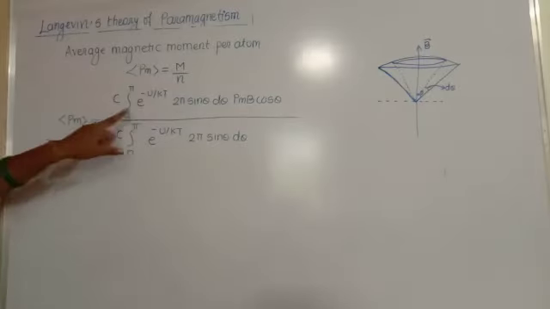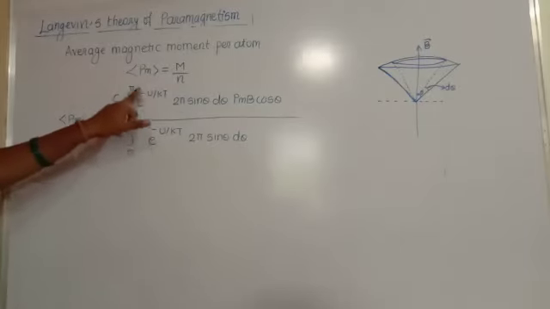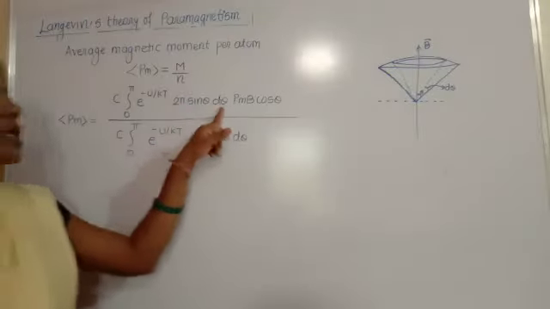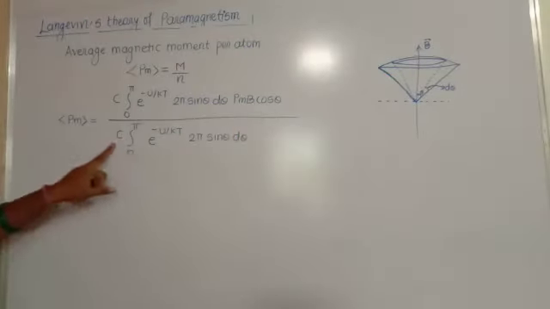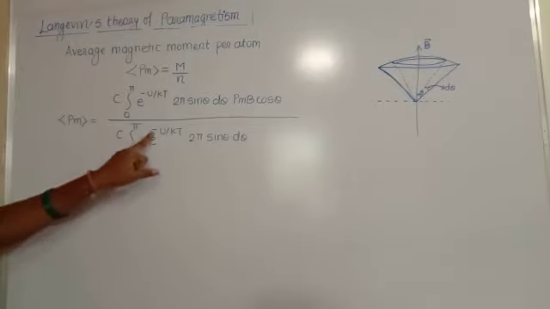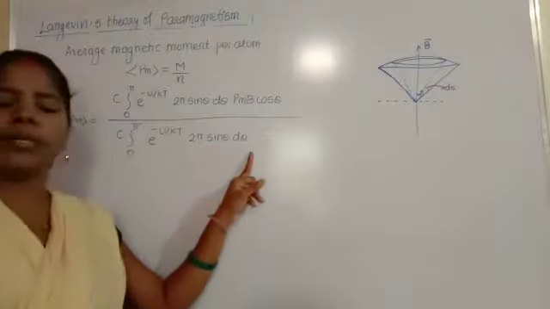This is the value of M, integral of e to the power minus u by kT 2π sin theta d theta pm B cos theta, and this is the value of n, C integral 0 to pi e to the power minus u by kT 2π sin theta d theta.